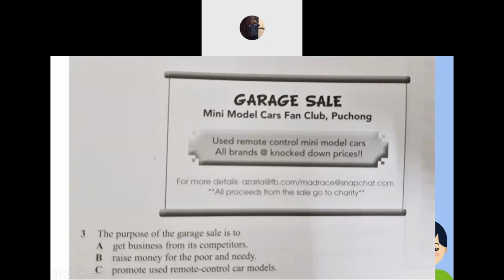Okay. Shalini, what is your answer? No. The answer is actually C. Promote use of remote control car models.